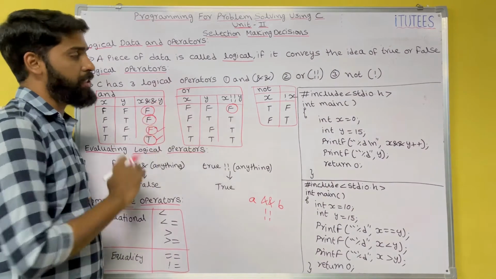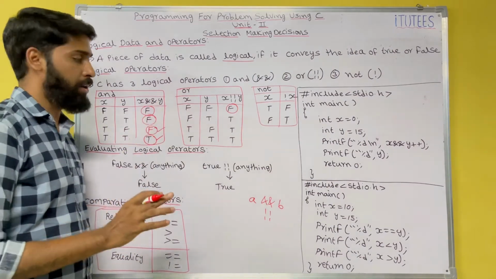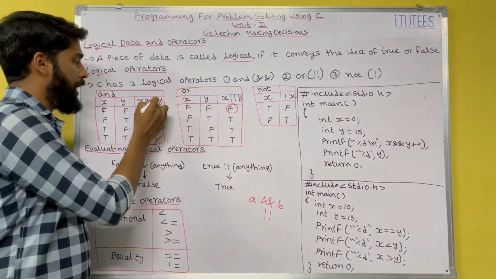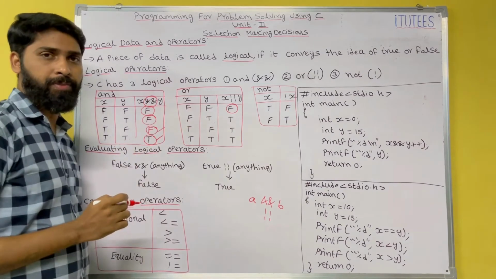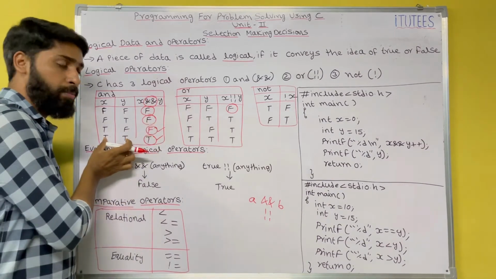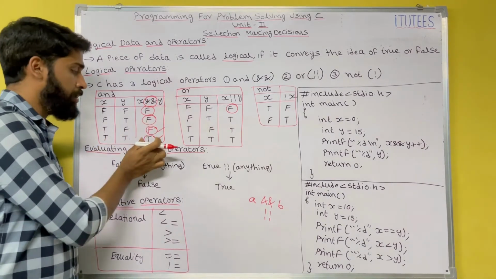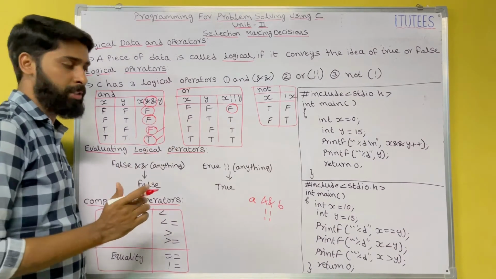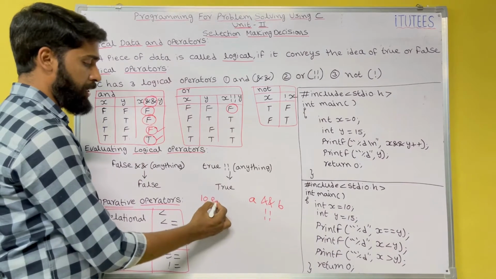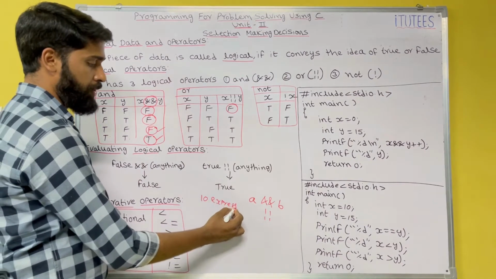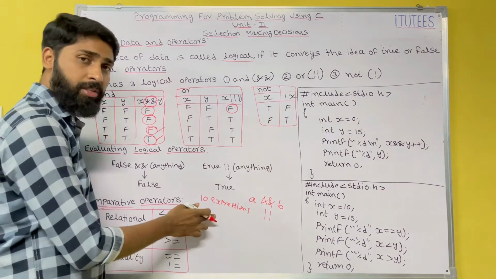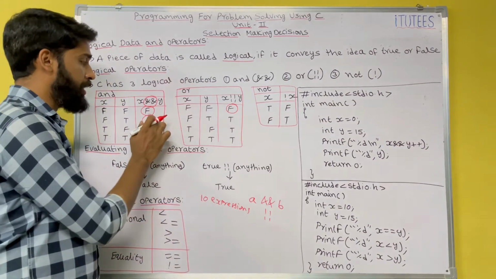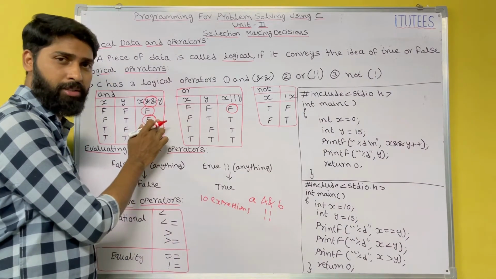By seeing these tables, you can understand one thing. If you are using the AND logical operator, what do you observe? If both the expressions are true, then only the entire expression will be true. If your expression has 10 expressions and one of them is false, then the entire expression will be false.